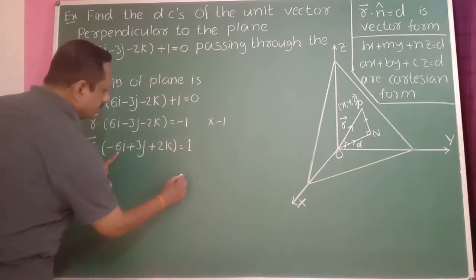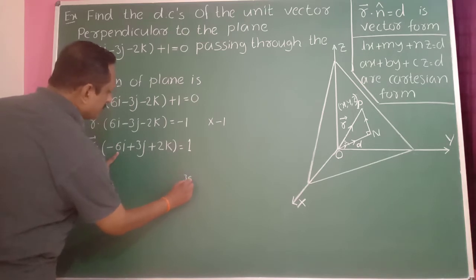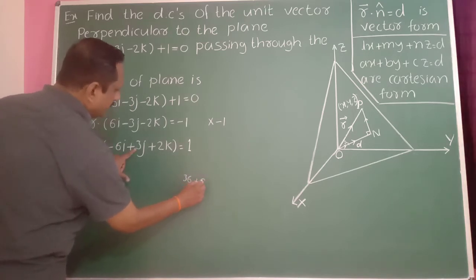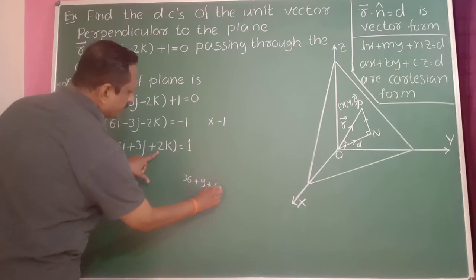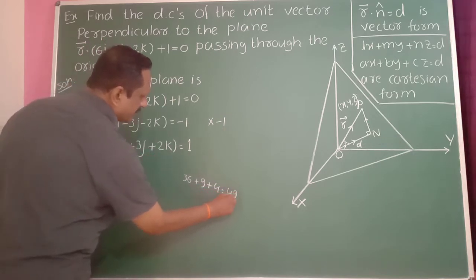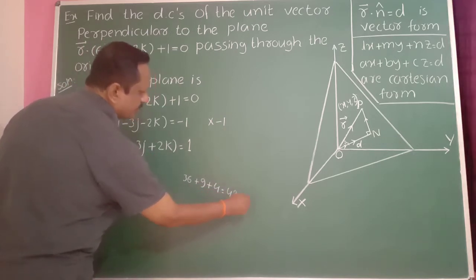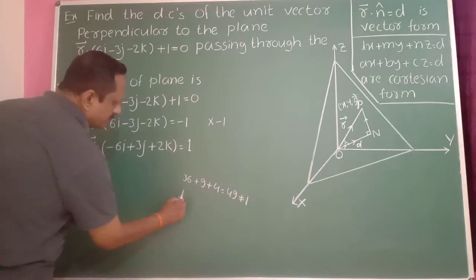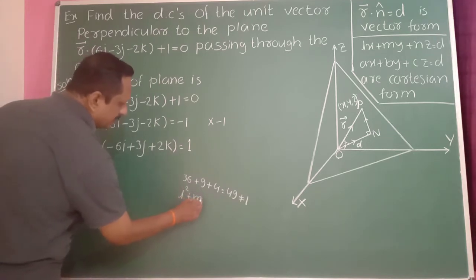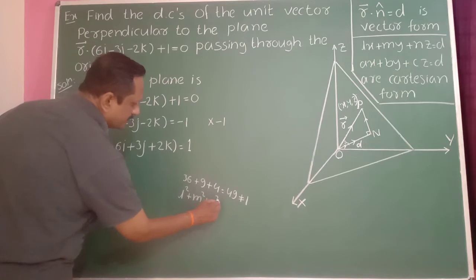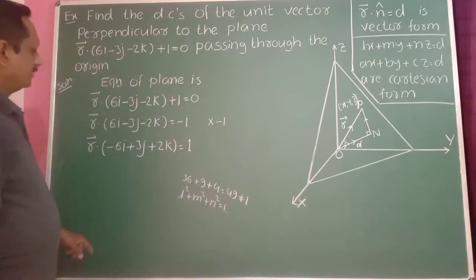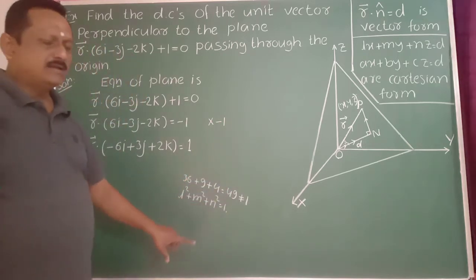Because 6 square is 36, 3 square is 9 and 2 square is 4. It gives 49, so this is not equal to 1. You know that if this condition is satisfied, L square plus M square plus N square is equal to 1, then L, M and N are the direction cosines.